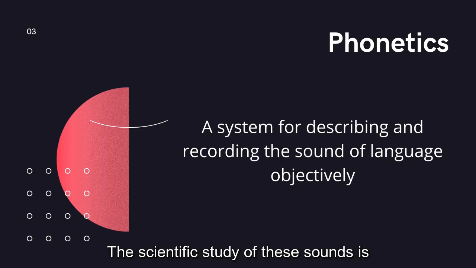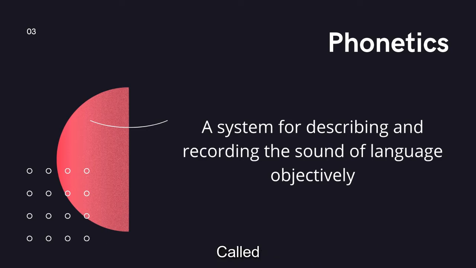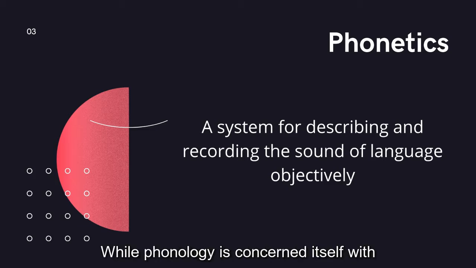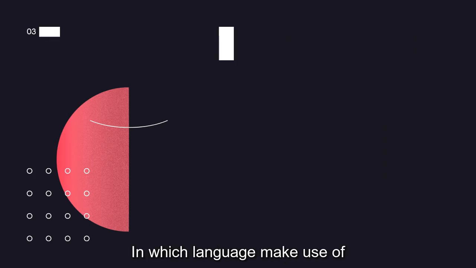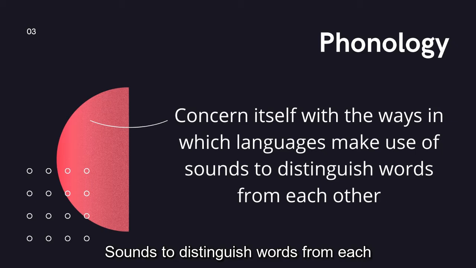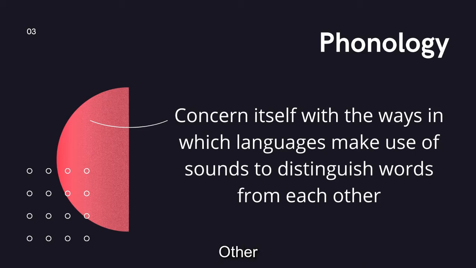The scientific study of these sounds is called phonetics. Phonetics is a system for describing and recording the sounds of language objectively, while phonology is concerned with the ways in which language makes use of sounds to distinguish words from each other.